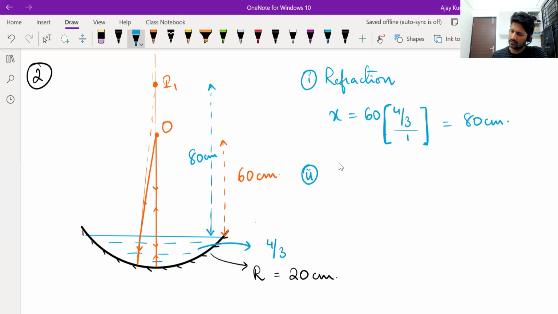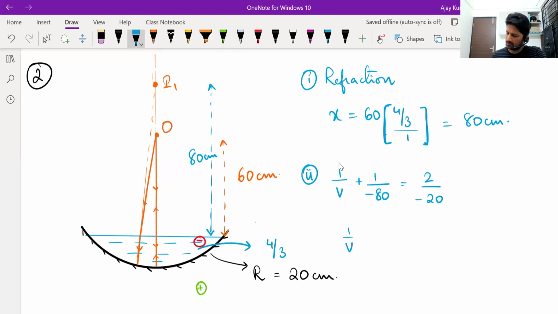Then apply the mirror formula, 1 by V plus 1 by U is equal to 2 by R. Rays are striking the mirror in the downward direction, so this side will be considered positive for the mirror and this side negative. Object is on the negative side, so U is minus 80. It's a concave mirror, R should be taken negative, minus 20.